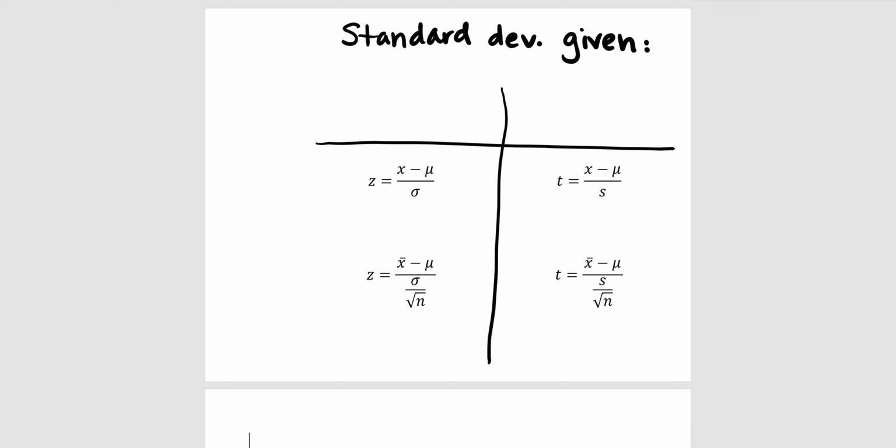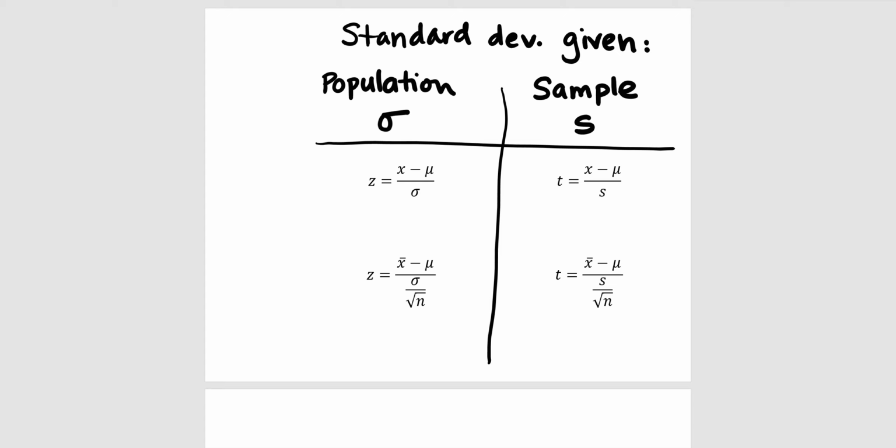If the standard deviation that's given is talking about a whole population, in other words, it's the sigma for the population, then you're going to do a Z-score. If what you're given is the standard deviation of just a sample, in other words, if you have S, then you're going to do a T-score.